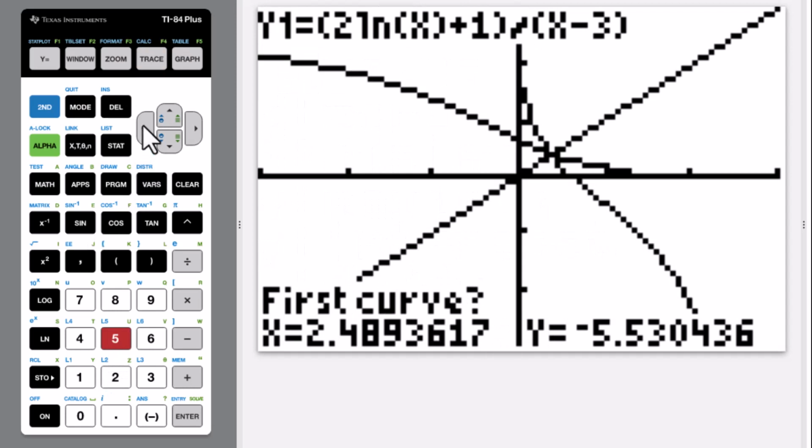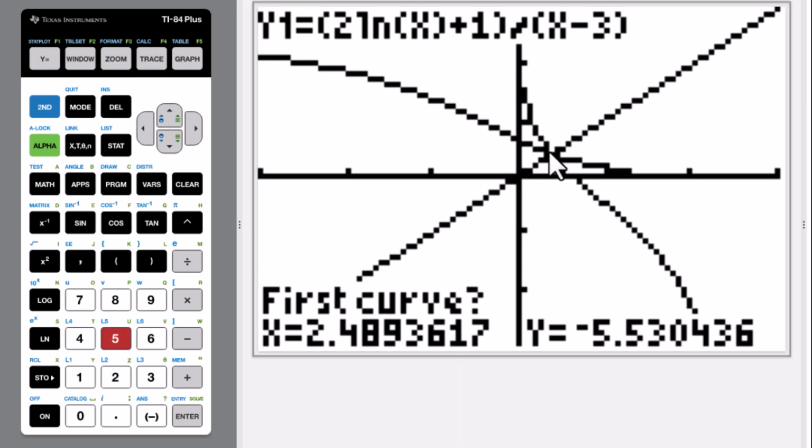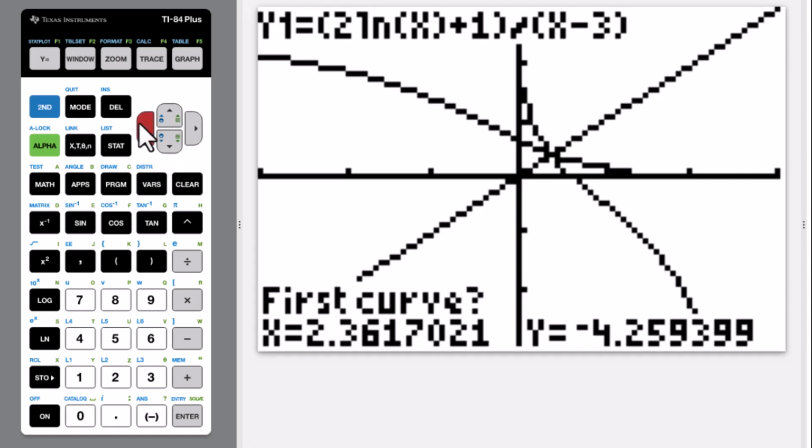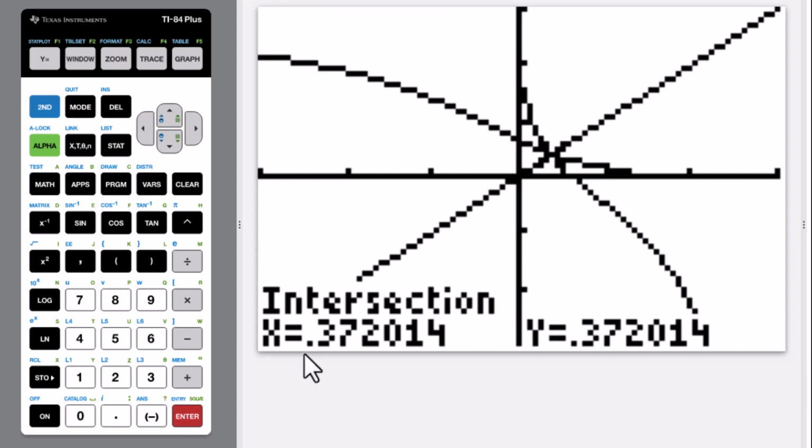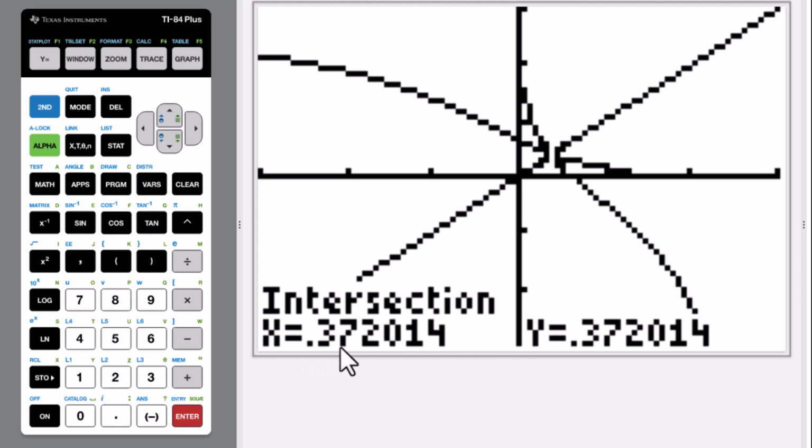You need to move the cursor close to this intersection. You could see the cursor is at x equals 2.48, so we will move the cursor close to this intersection. Then enter, enter, enter. X equals 0.372.